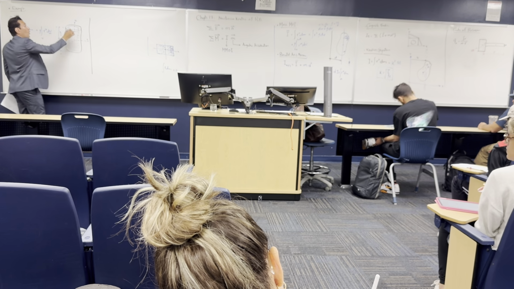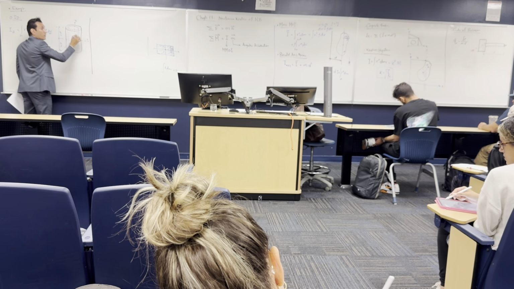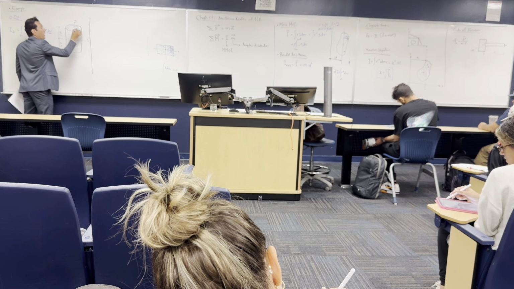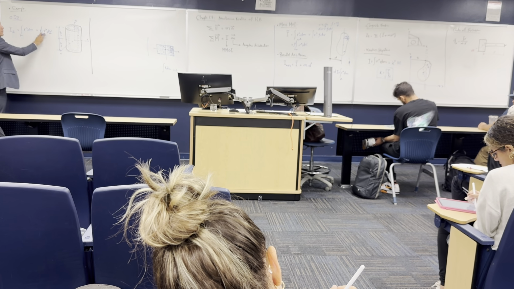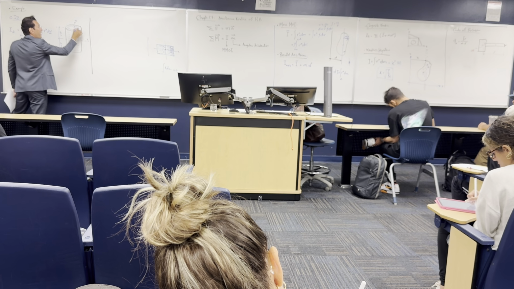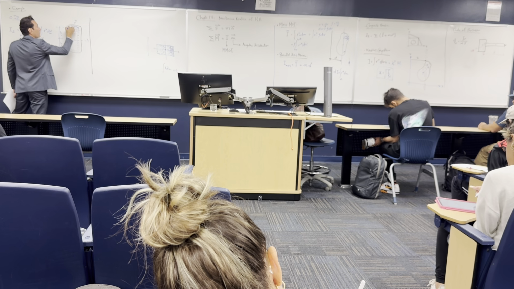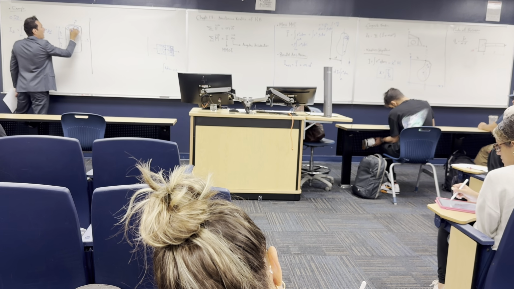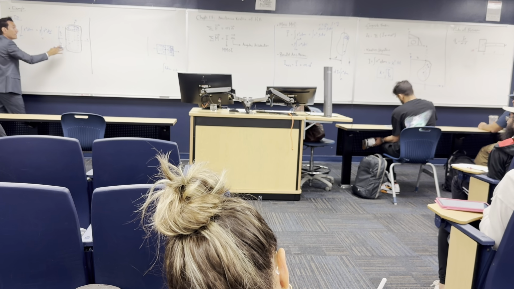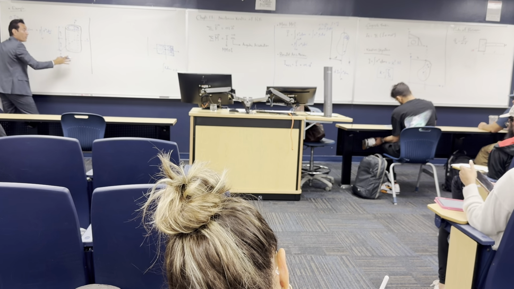Okay? So all the masses on this cylinder are at the same r. All of them have the same r. So all these pieces have the same r, so I can take a strip, or I can take a dV that is at the same r from this cylinder like this.